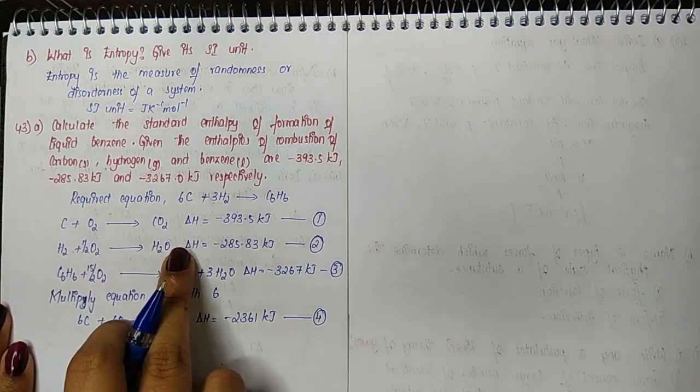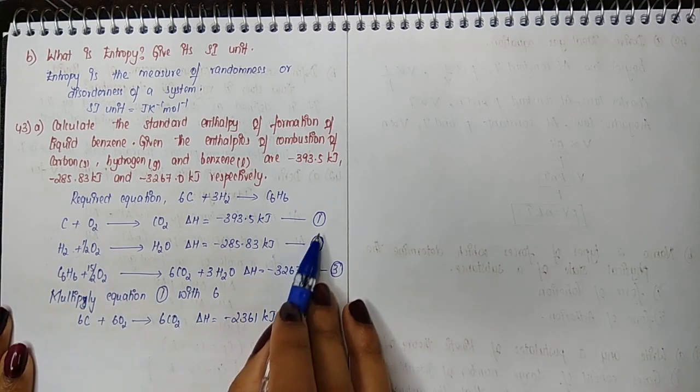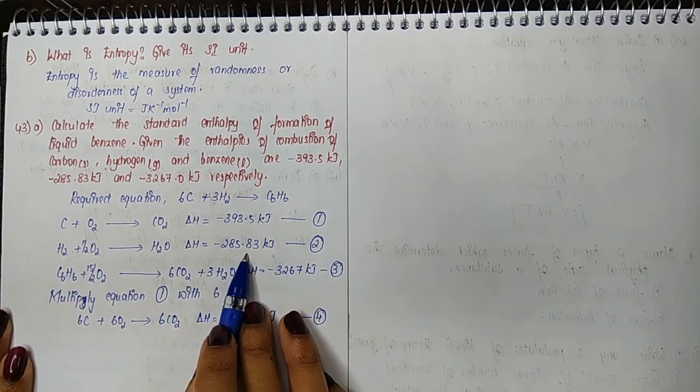Now same thing you're going to do with hydrogen. Hydrogen only 1 molecule, whereas you have 3 molecules here. So multiply the equation 2 with 3 along with the value.